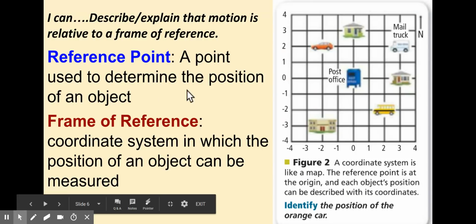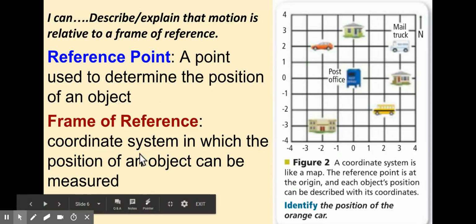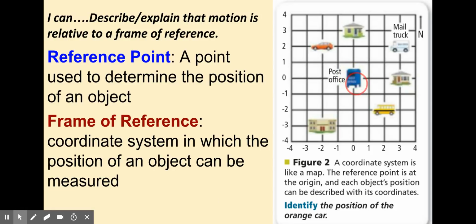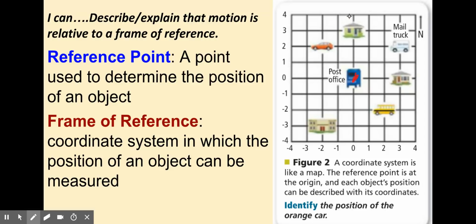A reference point is a point used to determine the position of an object. You were supposed to define that from your reading, and a frame of reference is a coordinate system based on that reference point, in which the position of an object can be measured. From your book, the example: the post office, we put at 0, 0. So here is the origin of our coordinate system.